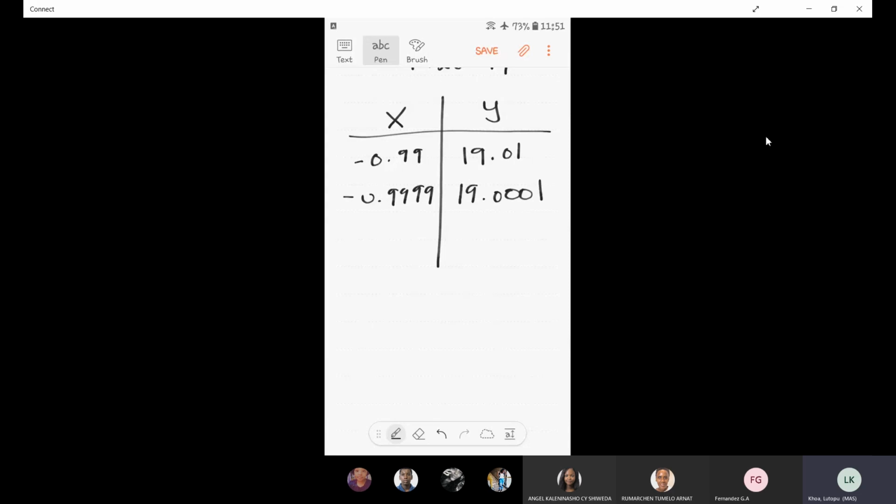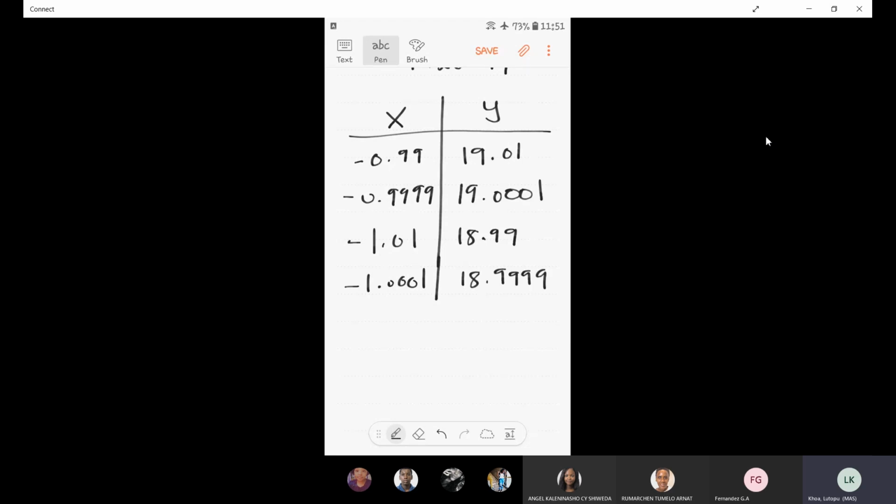And then if I wanted to try one from the left hand side, that means I'm going towards -1, but I'm using numbers smaller than -1. So I have -1.01. You see that I get 18.99. And then if I get even closer, -1.0001, I get 18.9999.